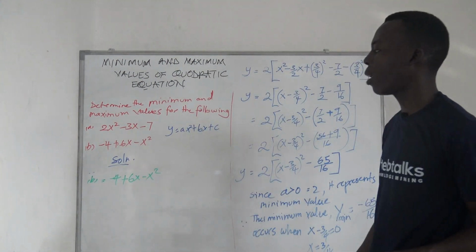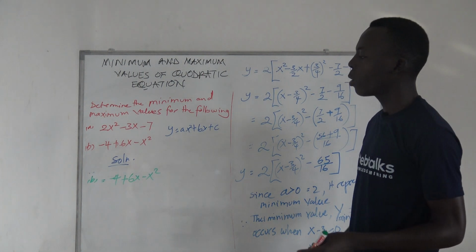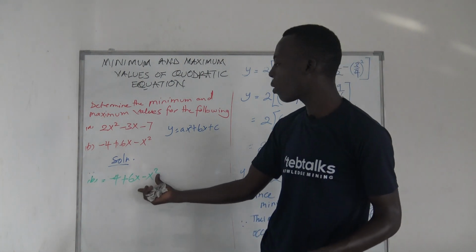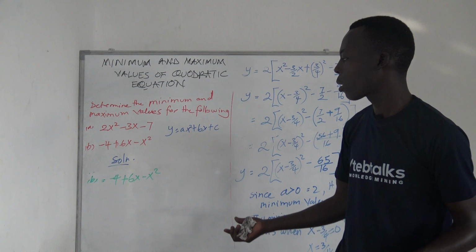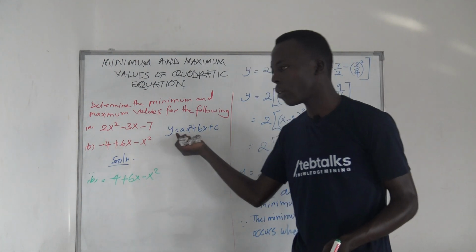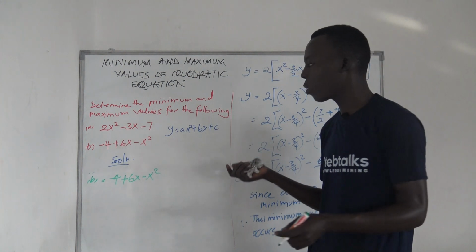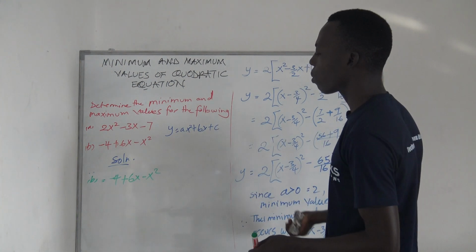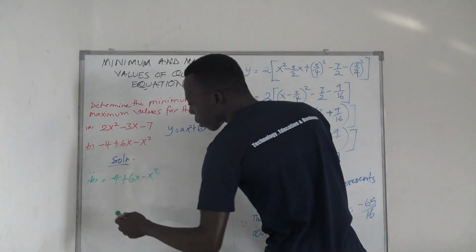So that's what we have. We said when we have a question like this, we rearrange it in this form, ax squared plus bx plus c, so that we can continue with our completing squares.